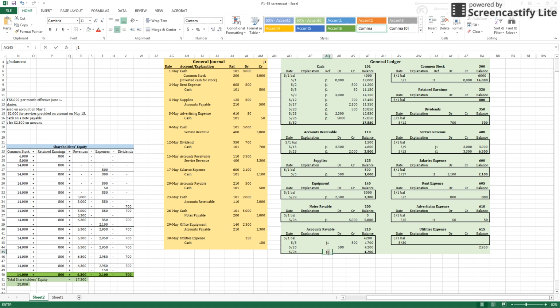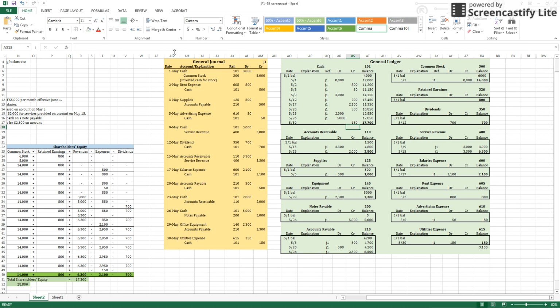And so we would increase that here. And finally, our utilities expense, account 615, was debited for $150. And we would put in our reference, and our cash was credited for $150.